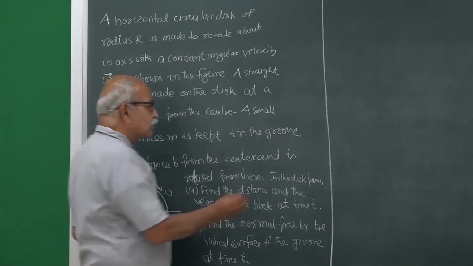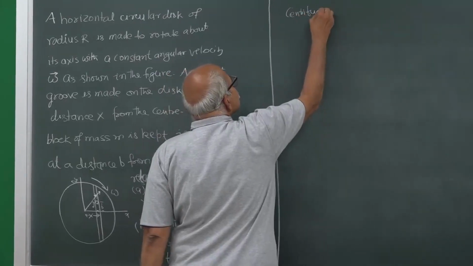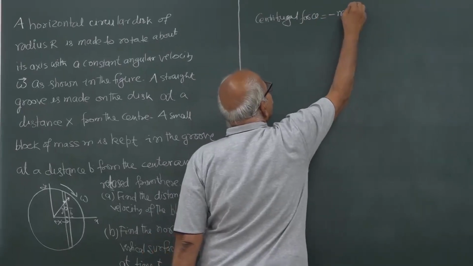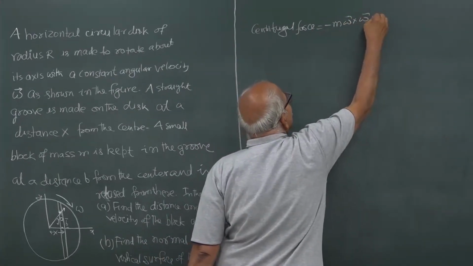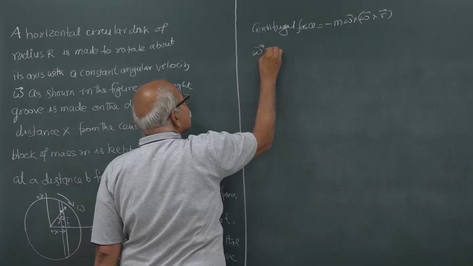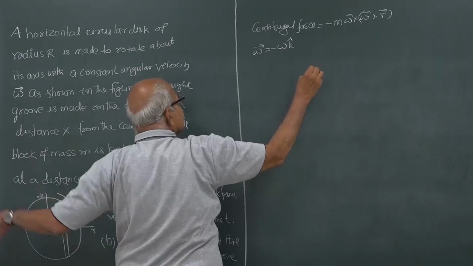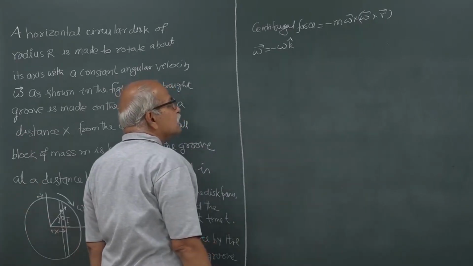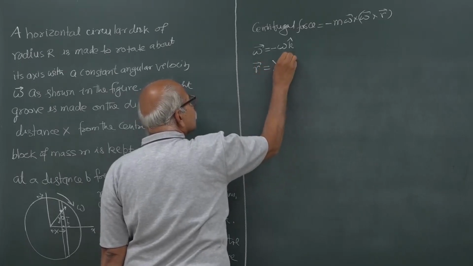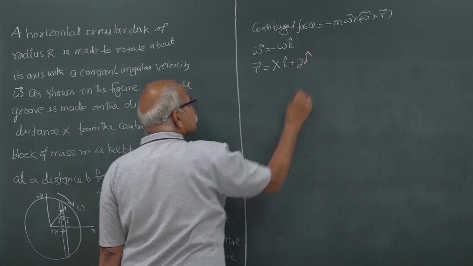One is centrifugal force, and that is equal to minus m omega cross omega cross r, and omega is minus omega k cap, because it is going clockwise as seen from the positive z side. This is omega. R vector at time t you can write as capital X i cap plus small y j cap.